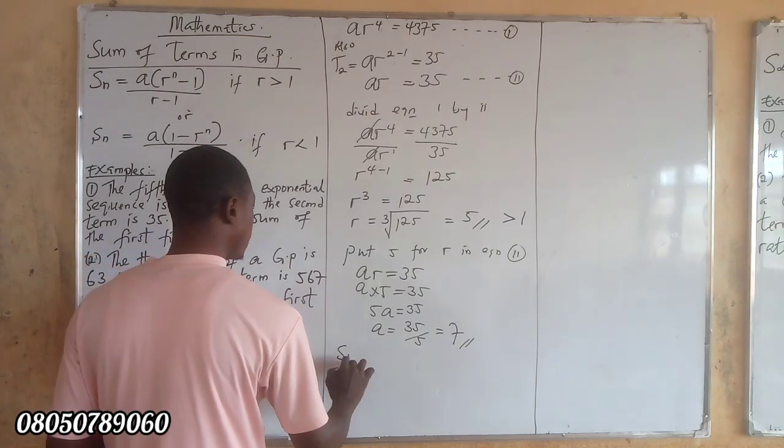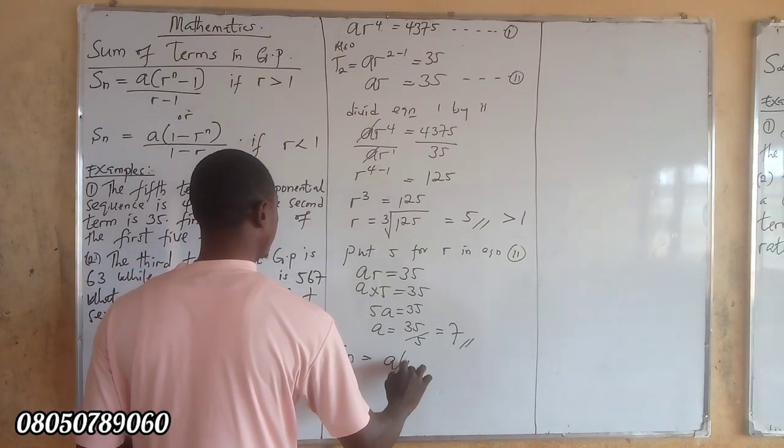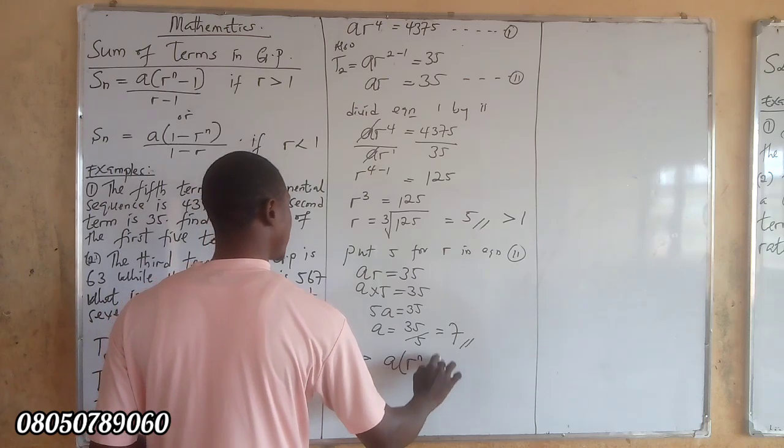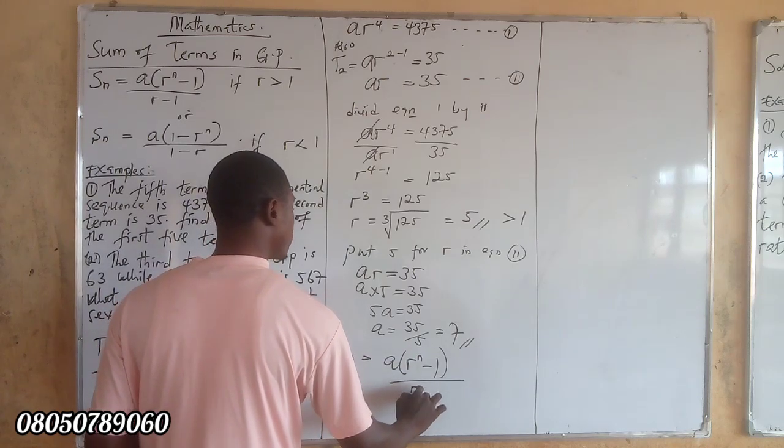So our Sn is equal to a into bracket of r raised to power n minus 1, close bracket, all over r minus 1.